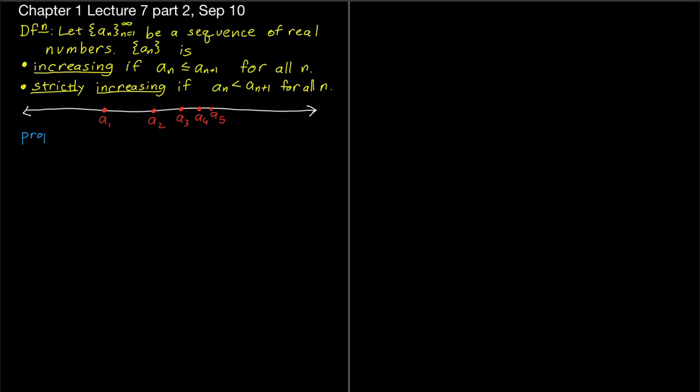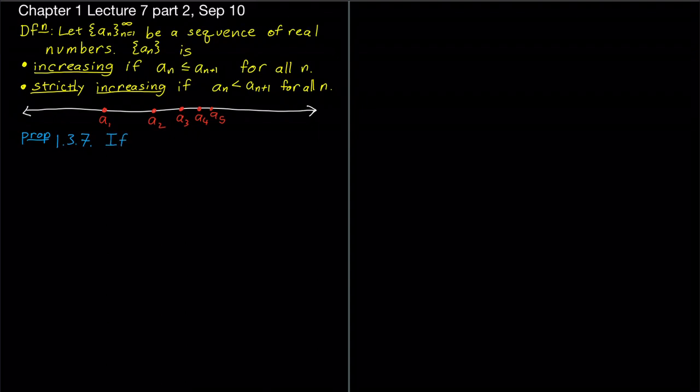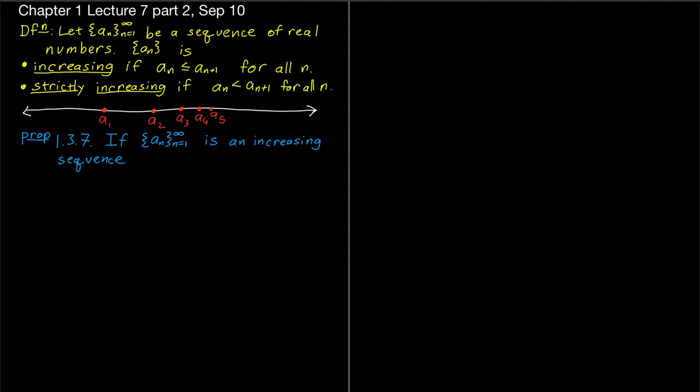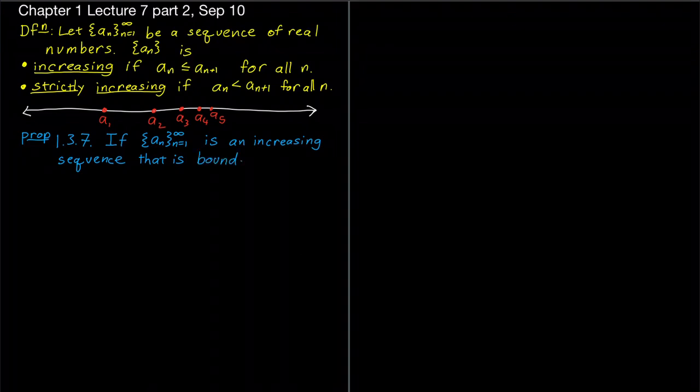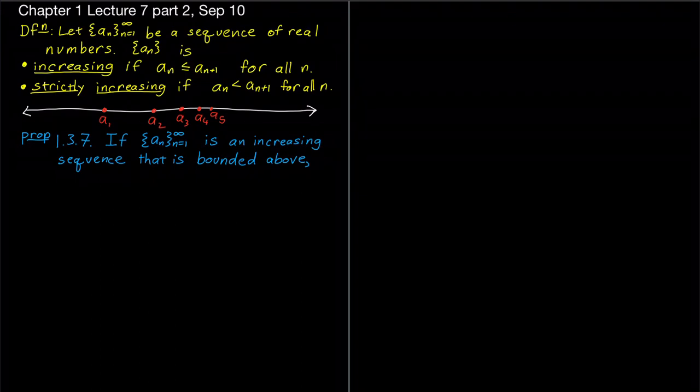This is proposition 1.3.7. And this says that if an is an increasing sequence, increasing or strictly increasing, so we just call those increasing, and if it's also bounded above, so it's not going off towards plus infinity, then it converges.